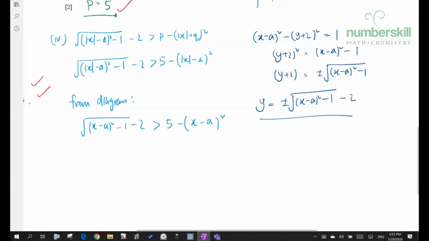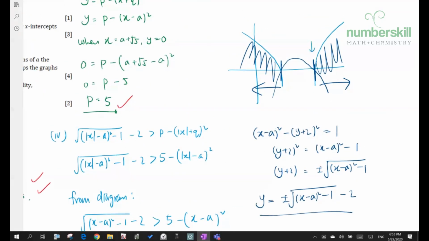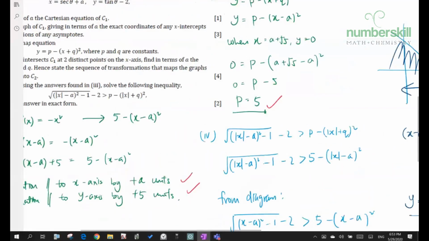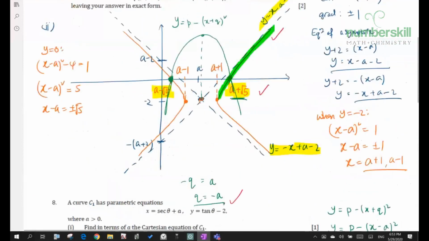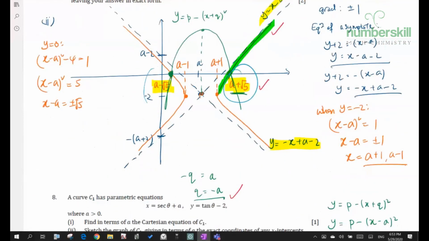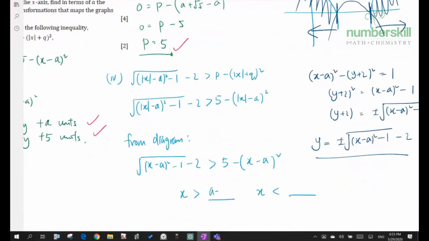The answer is x more than something, x less than something. Agree? And something is, I'm talking about this x-intercept. If you look at the graph another time, which is up there, sorry for the scrolling up and down, it's a plus root 5, a minus root 5. Those are the x-intercepts that we were talking about just now.